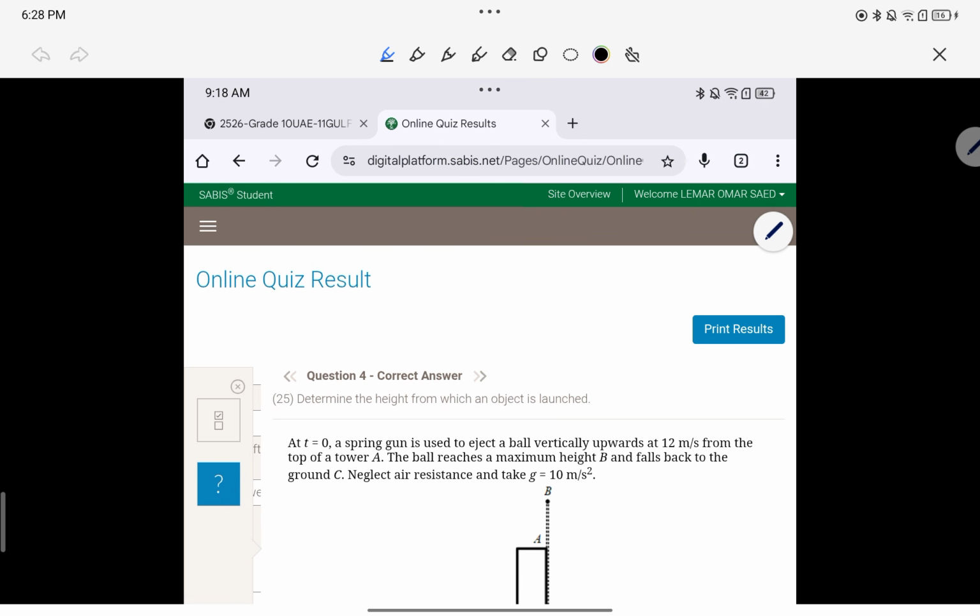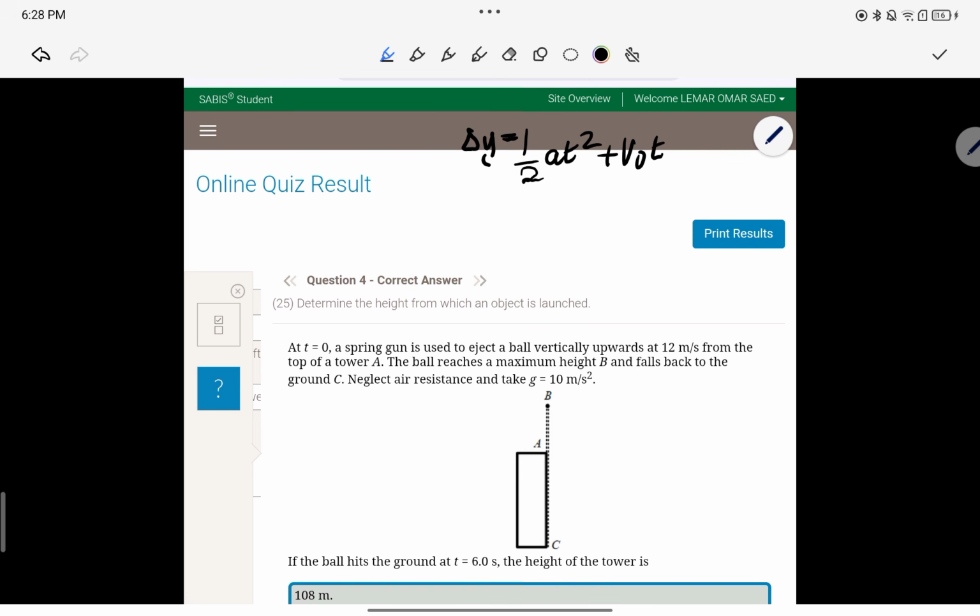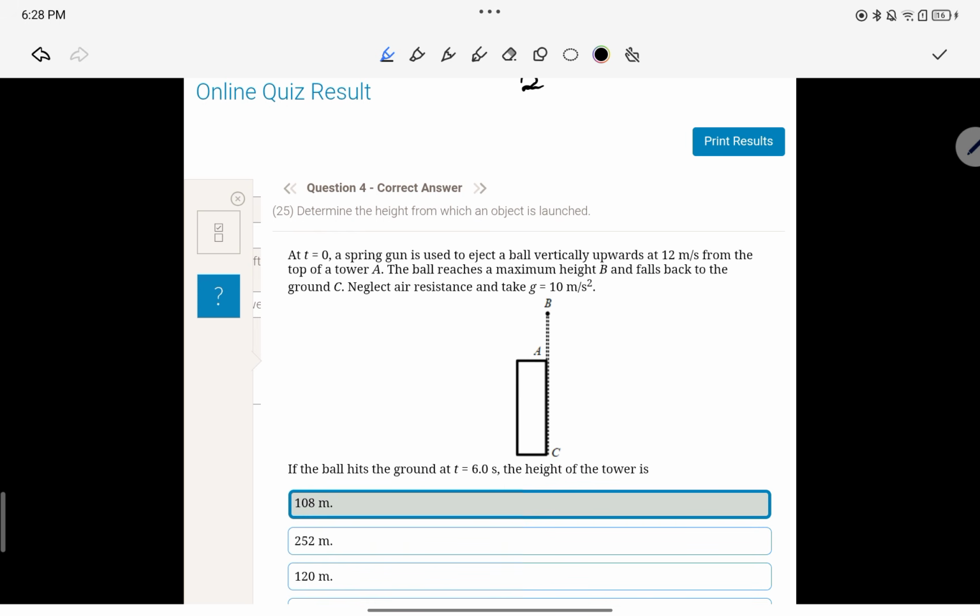Okay, look, you're going to use this. Delta y equals 1 over 2 a t squared plus v initial t. The acceleration here is negative 10, because look, they said gravity is 10.